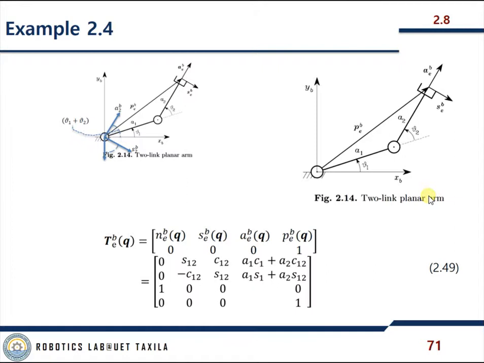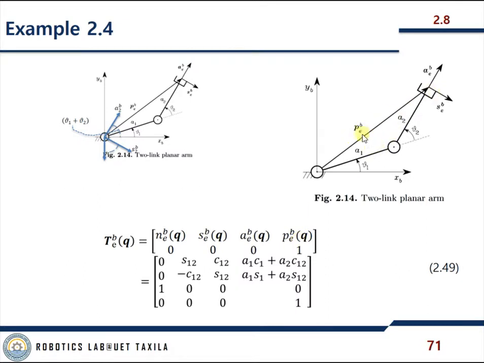Okay, so here's an example. Consider the two-link planar arm in figure 2.14. On the basis of simple trigonometry, the choice of joint variables, the base frame, and the end effector frame leads to equation 2.49, which is this one. So we have this normal, sliding and approach, and then position.